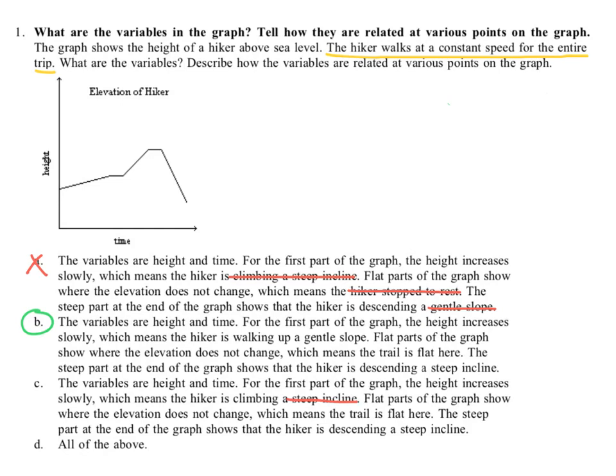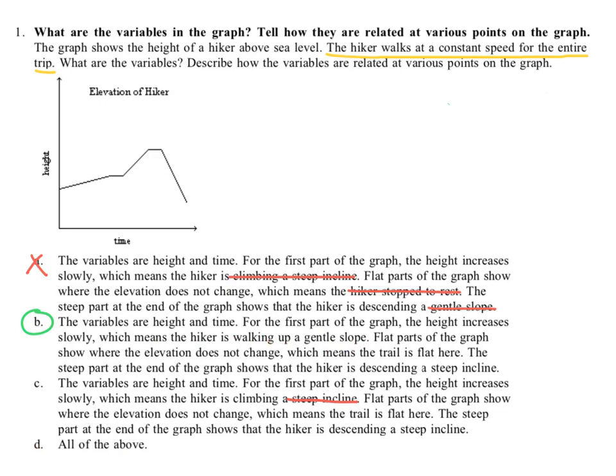Flat parts of the graph show where the elevation does not change, which means the trail is flat here. That's good. The steep incline at the end shows the hiker is descending a steep incline. I agree. Okay, it's just that here, if this is what it looks like to descend a steep incline, and you're always moving at the same speed, then you should be moving up it at the same rate, and so it should be also steep like that. It's not, so it's got to be gentle, and that's what this says.